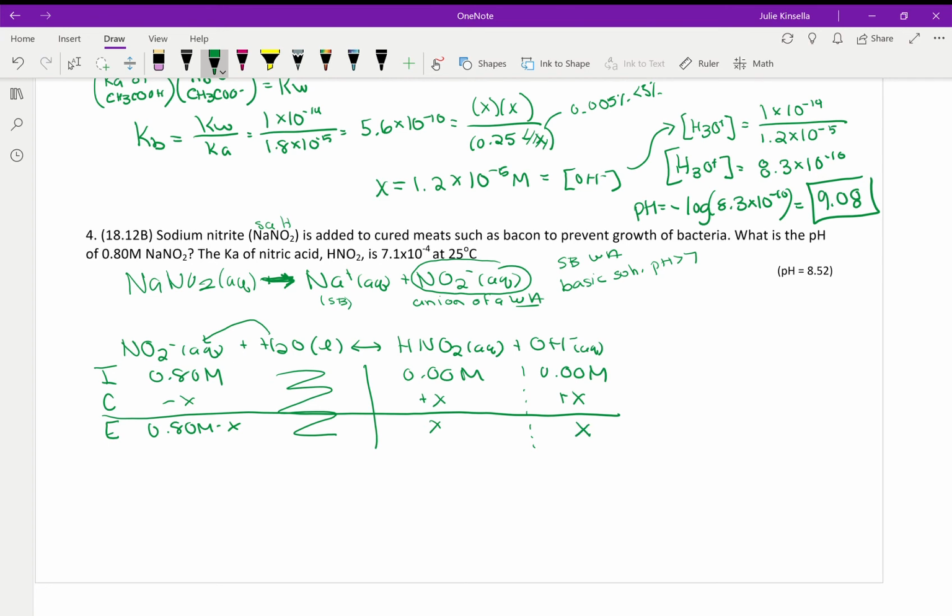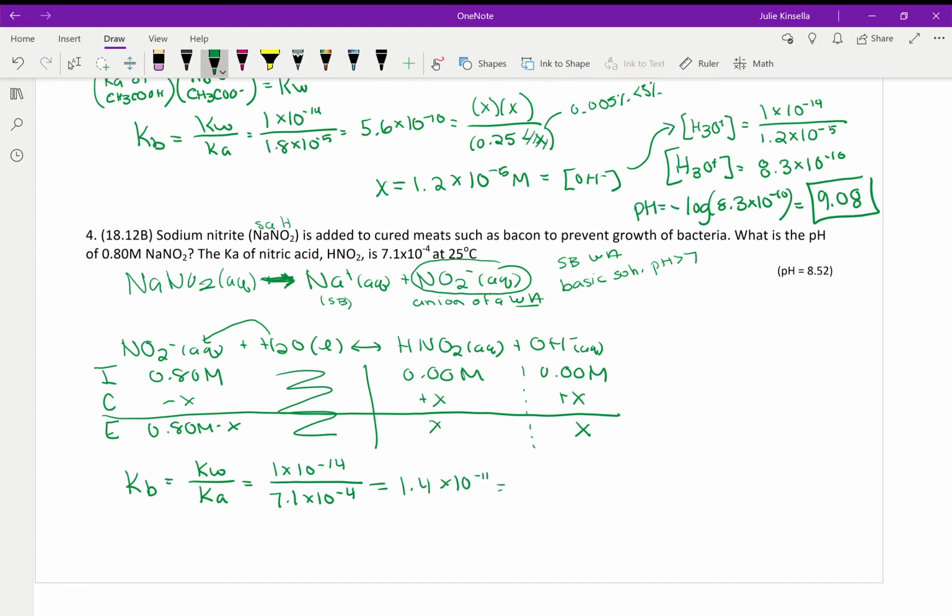Okay, and then again, just like the one before, we need our Kb value. So Kb is going to be our Kw divided by the Ka of its conjugate, which is the nitrous acid. And then we're going to do 1 times 10 to the negative 14th over that Ka that they provided us. Which ends up equaling 1.4 times 10 to the negative 11th.